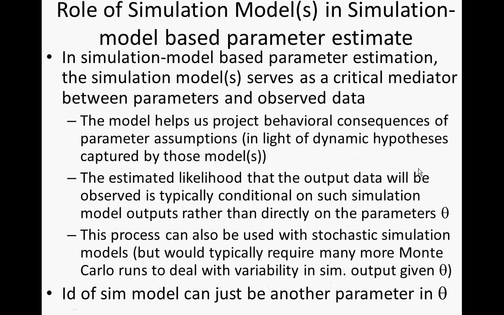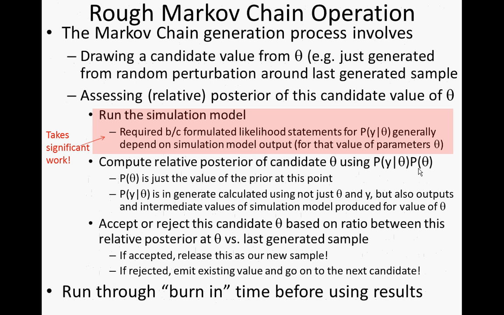And typically, in order to assess the likelihood a given set of empirical data would have resulted from a particular value of the parameters, a particular value of theta, we're going to need to reason about the emergent behavior of the model based on theta. And almost by definition, that emergent behavior is going to require us to simulate the simulation model.